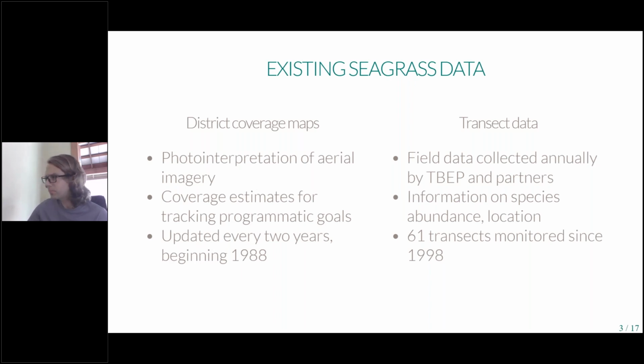These give us really spatially referenced information of specific transects at the same location over the last 30 years, where we have information on what species are at each transect, where they're located, what the frequency of occurrence is of these individual species, and we can use that as a long-term record to really look at change over time at each individual site.